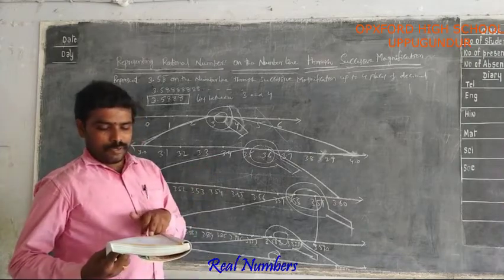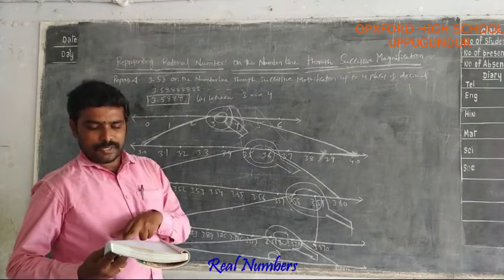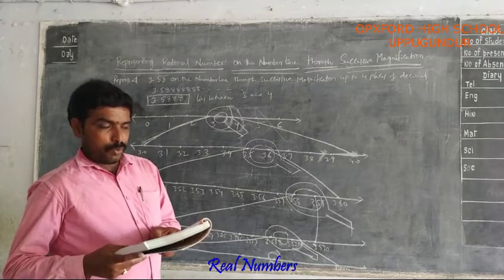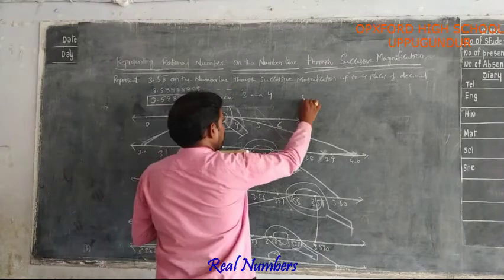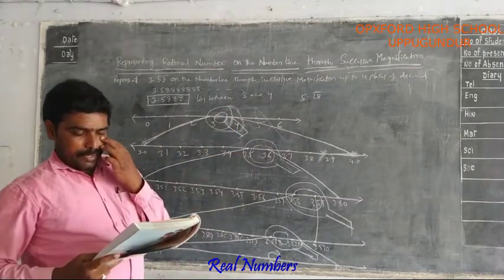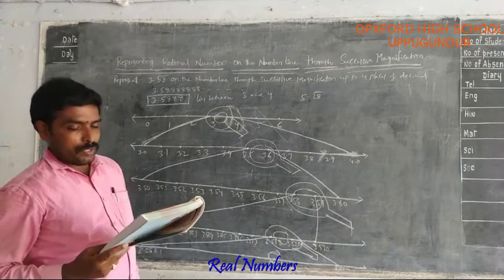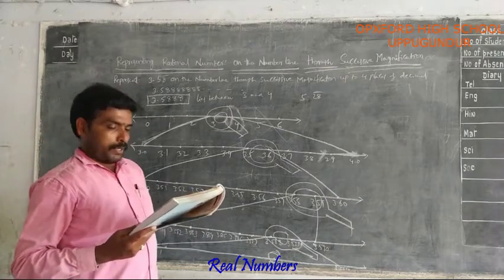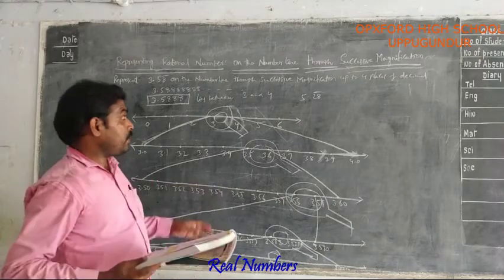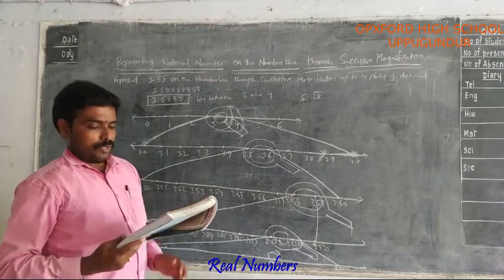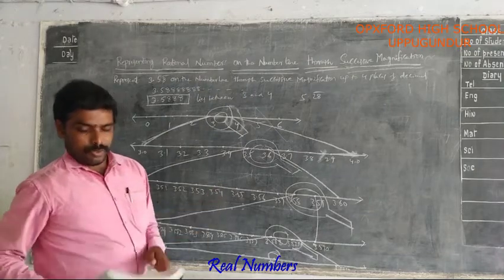Next one is the second problem: visualize 5.28 bar on the number line up to 3 decimal places, in the same way through successive magnification. So these two problems you have to do.